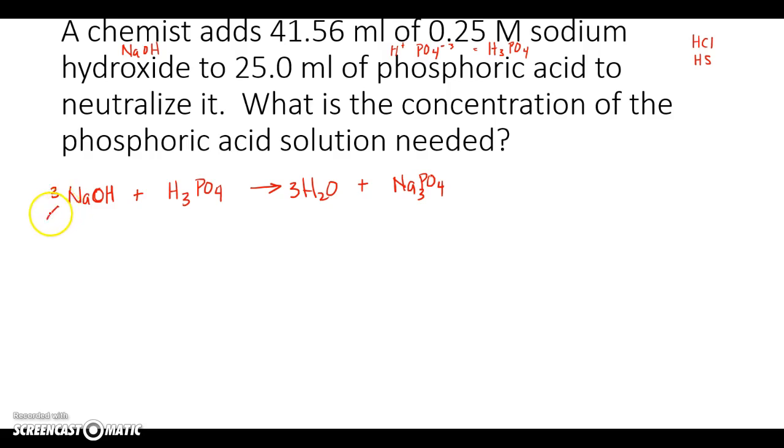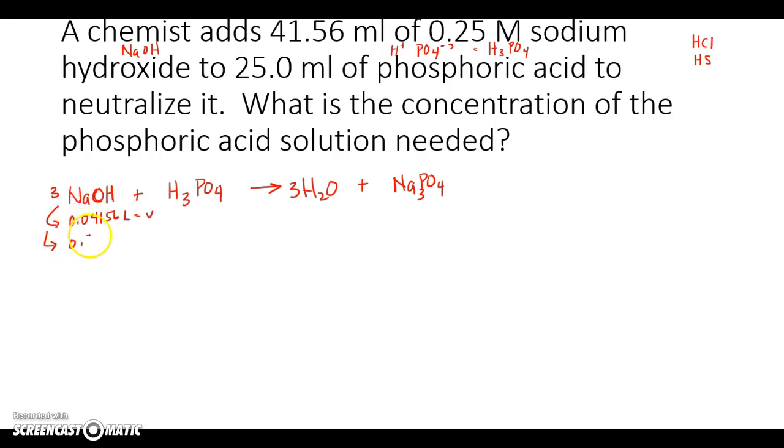Let's add the information for each section. I'm told that I have 0.04156 liters of sodium hydroxide. Notice that I instantly changed those milliliters into liters because in molarity we are always working with liters, not milliliters.